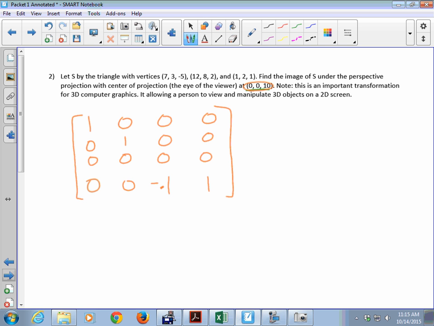All right, so now that I have my matrix, I'm just going to multiply by my data matrix. Okay, so this is my projection matrix. This is going to be my data matrix. And I have to use homogeneous coordinates again.